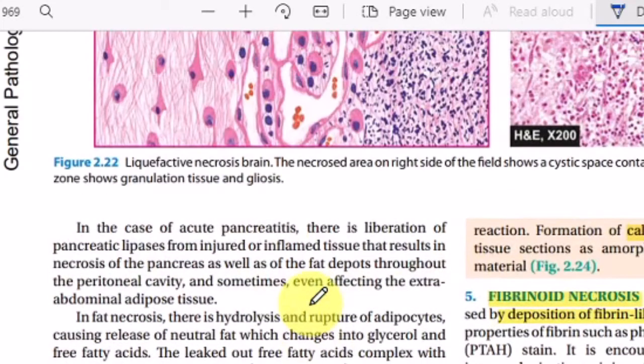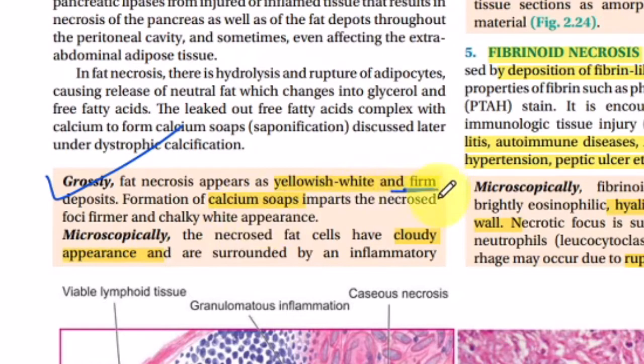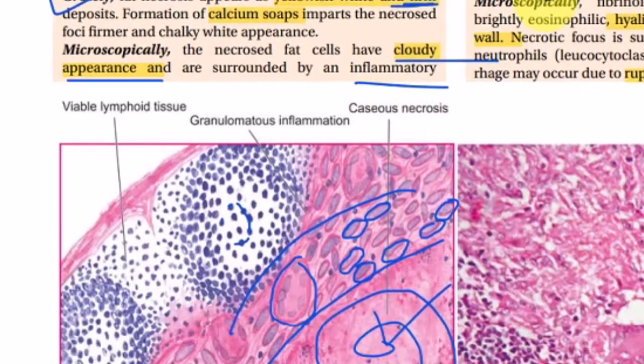It is a very tough job actually. So in fat necrosis, grossly the organs are basically formed, but when you see microscopically there is a cloudy appearance. As with the definition of necrosis, they are also surrounded by inflammatory reactions, with the presence of neutrophils as well as macrophages.